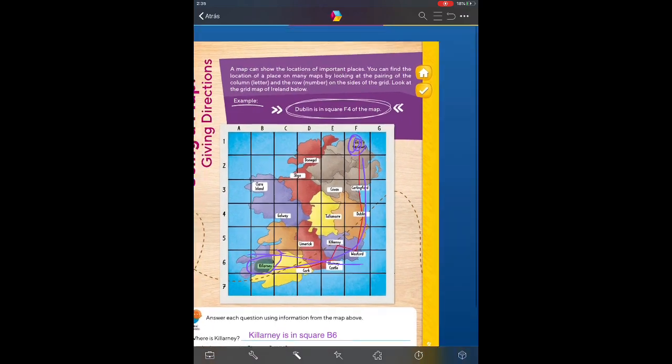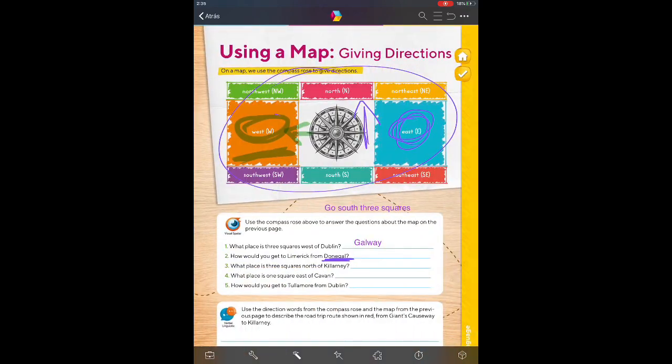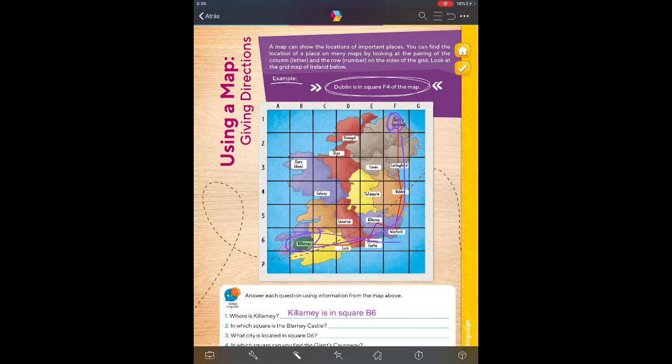Okay, so you need to say, I don't know, go south, go west, go 3 squares to, I don't know, to Wexford or to Sligo, I don't know. You need to count the squares. You need to say how many places you were going there.